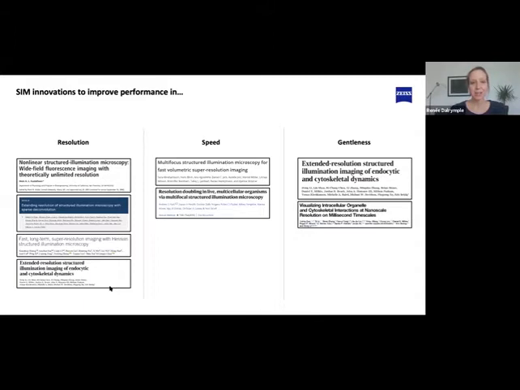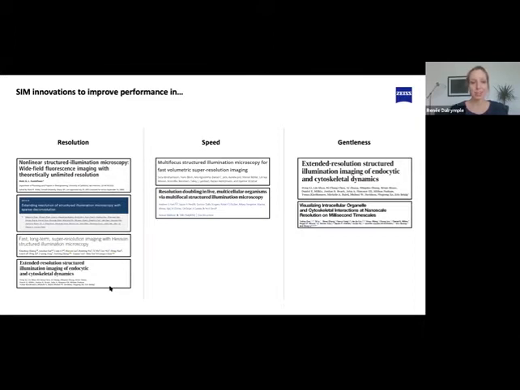Well, I know that you recognized with your SIM instrument that you wanted to push it even further, and of course, so do we, as well as a number of members of the community. So there have been some innovations in structured illumination microscopy over the years. You can see a sample of them here on the slide. A lot of these techniques try to push SIM in regard to resolution, speed, gentleness.